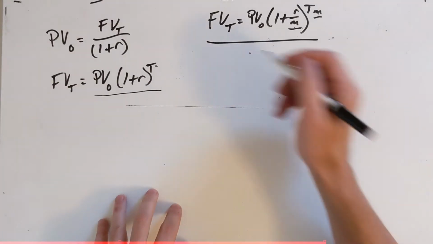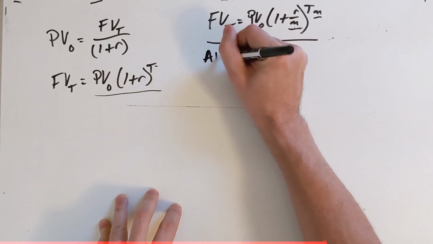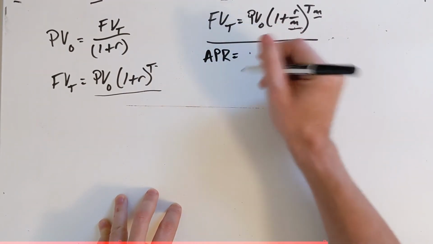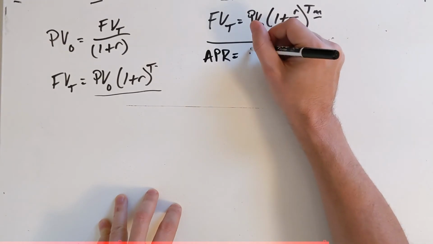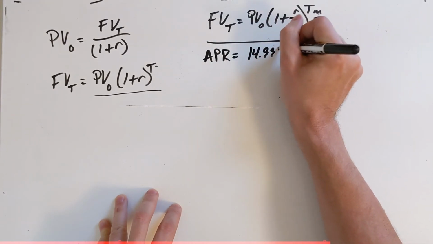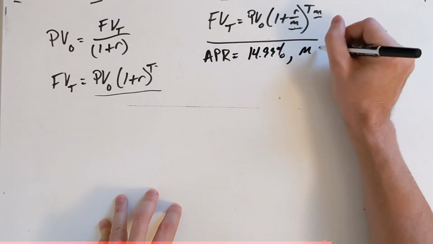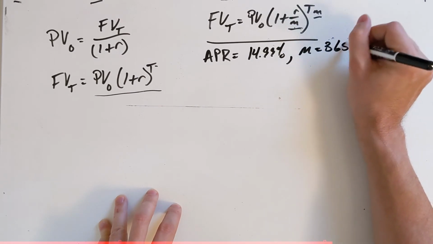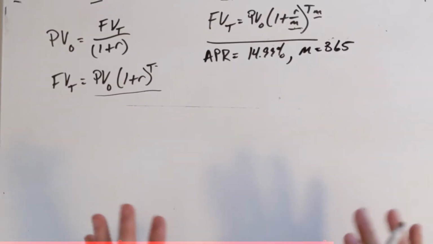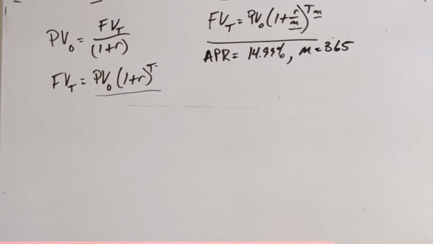From that earlier slide, I said, what if your credit card company tells you that your interest rate is 14.99% and they are going to compound that interest daily? What would be the effective interest that you'd have to pay if you leave a balance on your credit card? Well, here's what would happen.